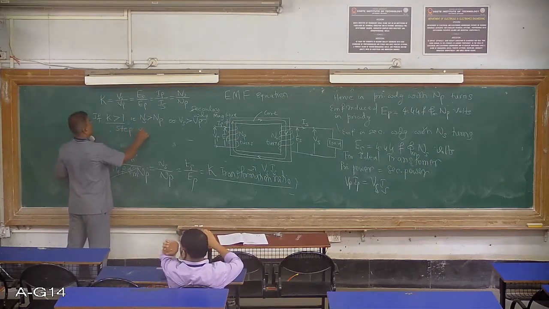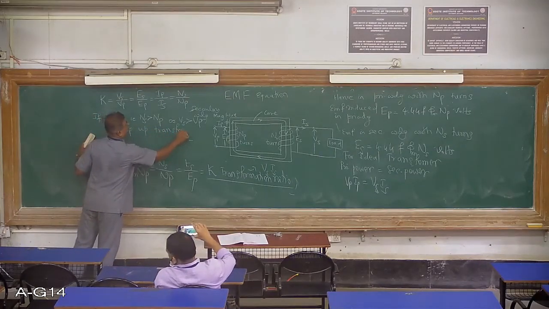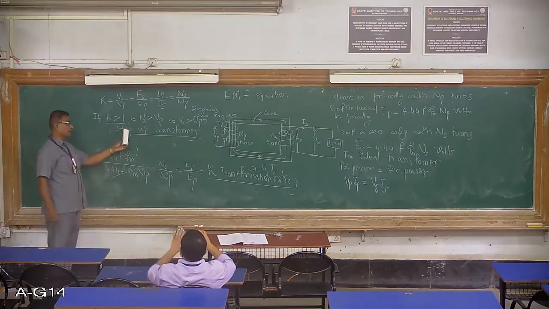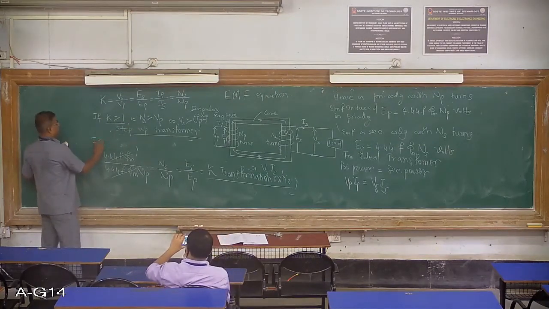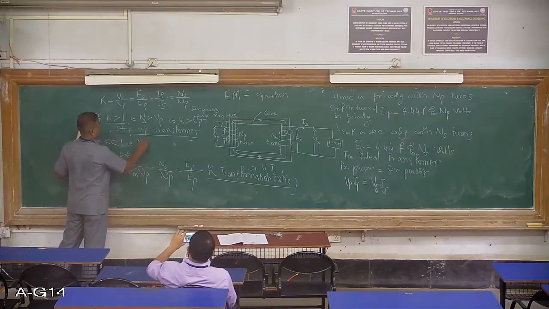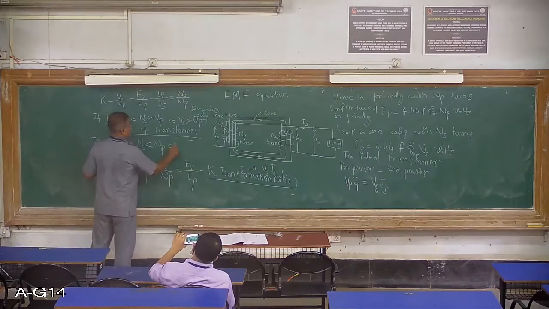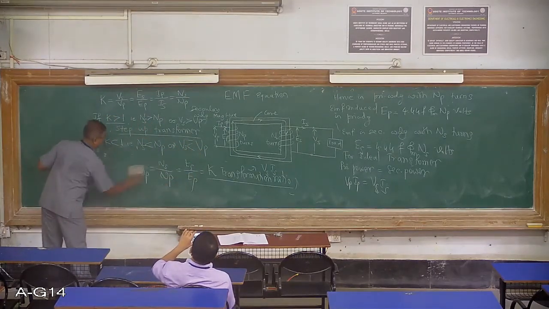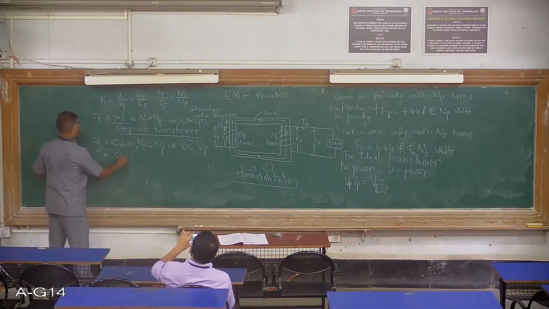Voltage increases in this process. If K is less than 1, that is Ns is smaller than Np, or Vs is smaller than Vp, then this transformer is called a step-down transformer.